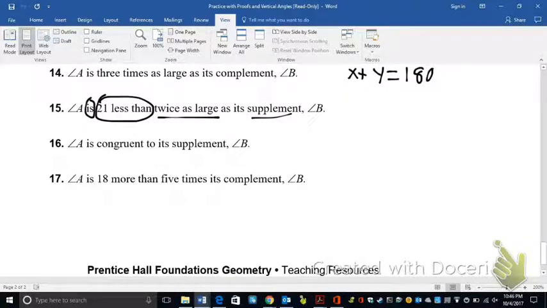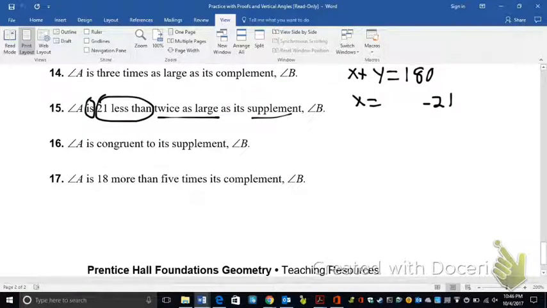Those are the statements which directly refer to the standards that we have to teach, as well as the vocabulary words you should know. So, x is 21 less than.